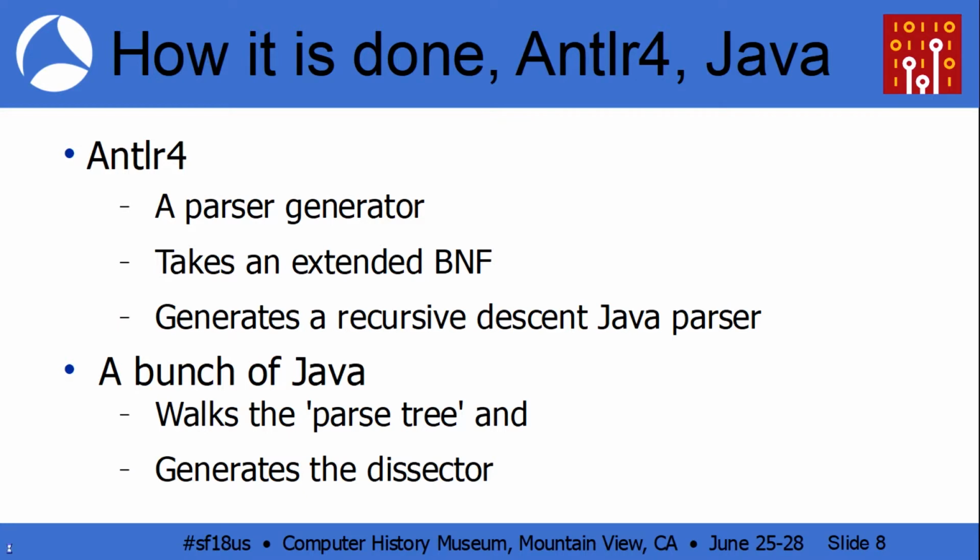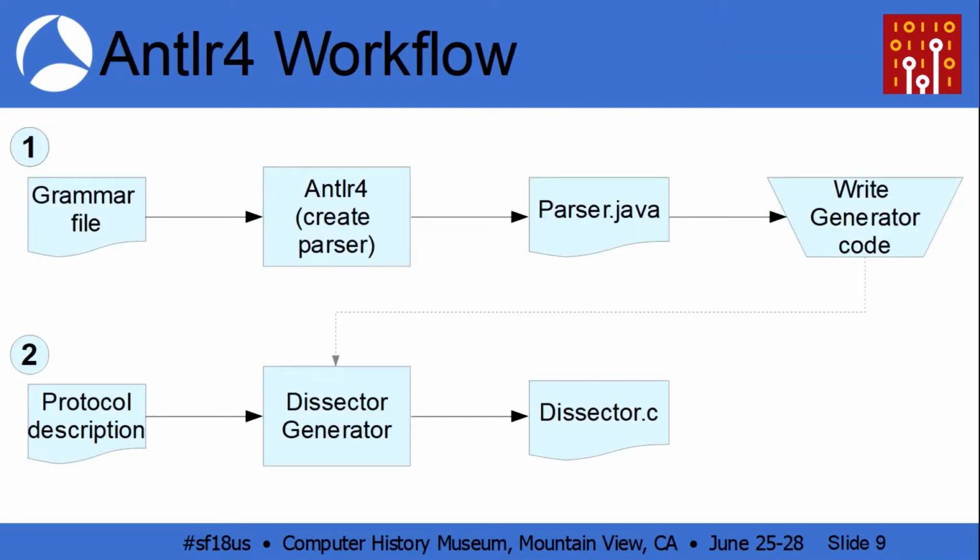the dissector. And so the kind of workflow that you have is you create a grammar file that describes the grammar of your language, and then you run it through ANTLR. That spits out a parser.java. Then you write a bunch of generator code that uses that parser, and that now dissector generator takes your protocol description that describes the protocol, you pass it through this dissector generator, and it generates a C file which you then throw into the Wireshark directory, and you have to modify one file these days, CMakeLists.txt, I think.